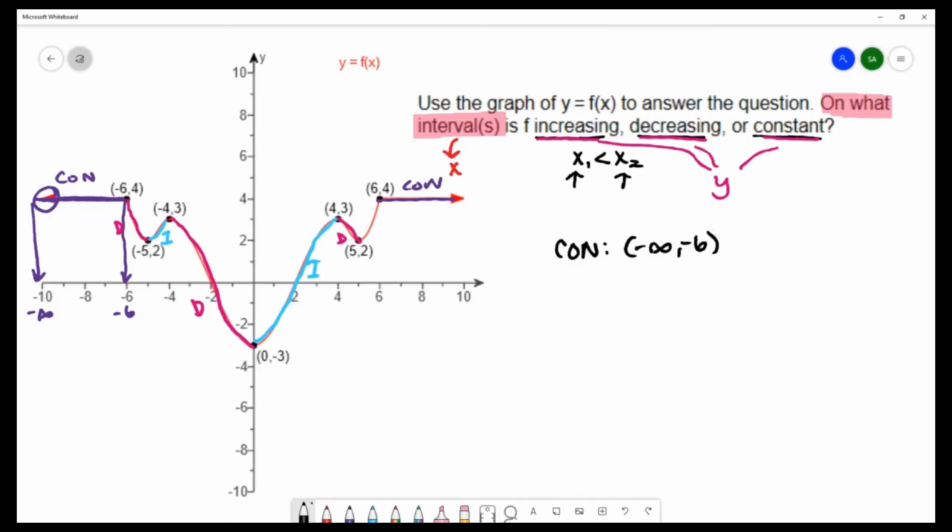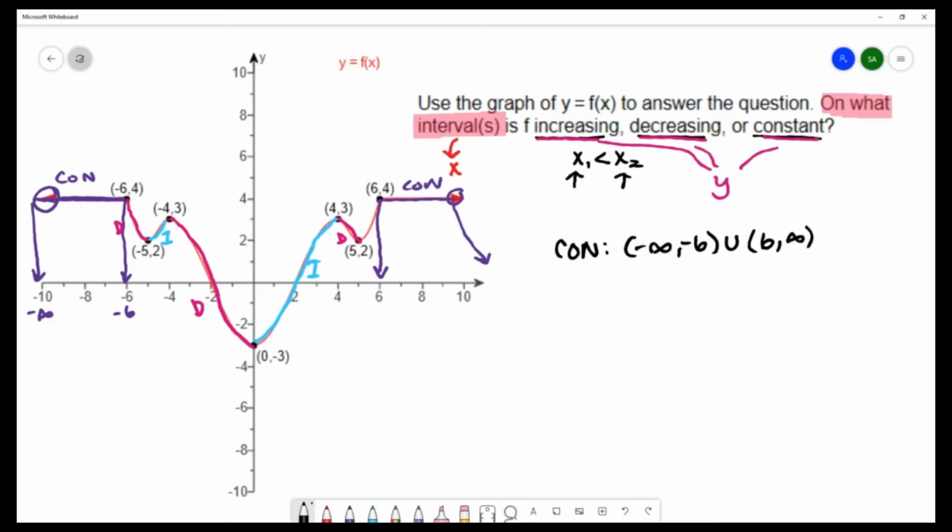But this book uses open intervals. So we also have a constant interval that is over here that starts at 6, and because of this arrow goes on forever to infinity. So we have the intervals of constant being from negative infinity to negative 6, union with 6 to infinity.